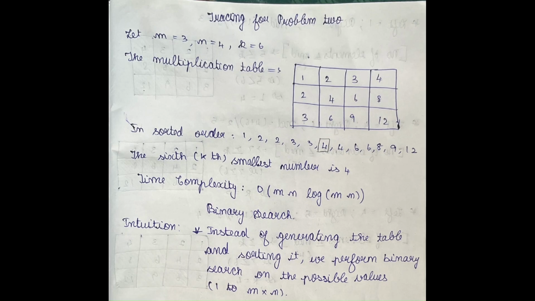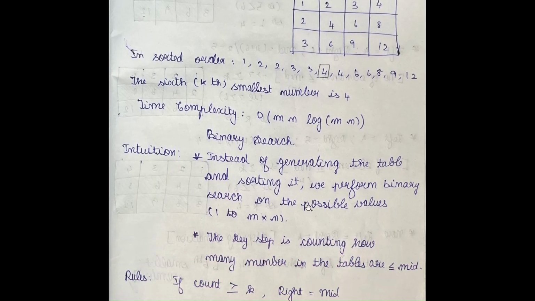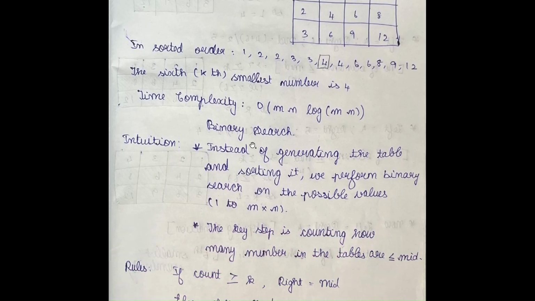So let the value of m be 3 star 10 power 4 and n be 3 star 10 power 4, which results in 9 star 10 power 8. When we are constructing a table of 9 star 10 power 8 elements, it results in a memory limit exceeded error. So we will be moving on to an efficient approach, which is by using binary search.